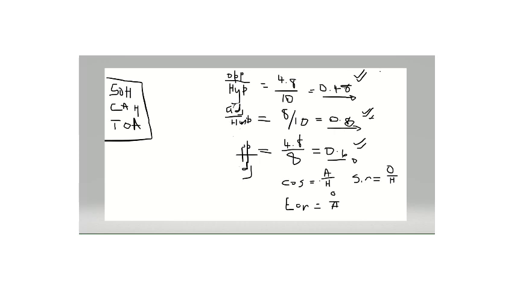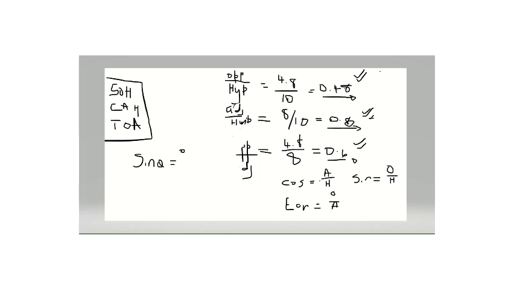You can use these to find any angle and any side if you are given enough information. So at the end, it's sine theta. You can use any variable: sine beta, sine theta, sine alpha.